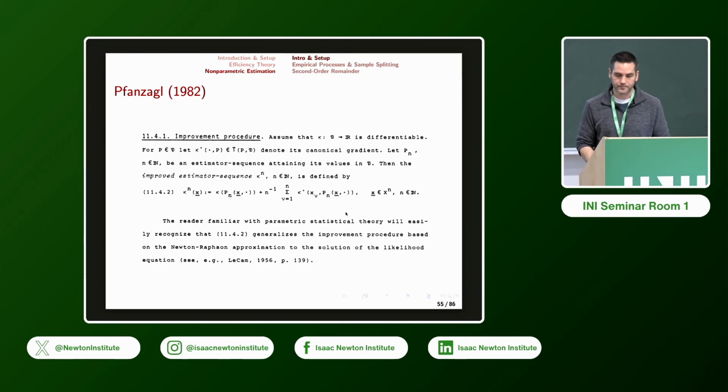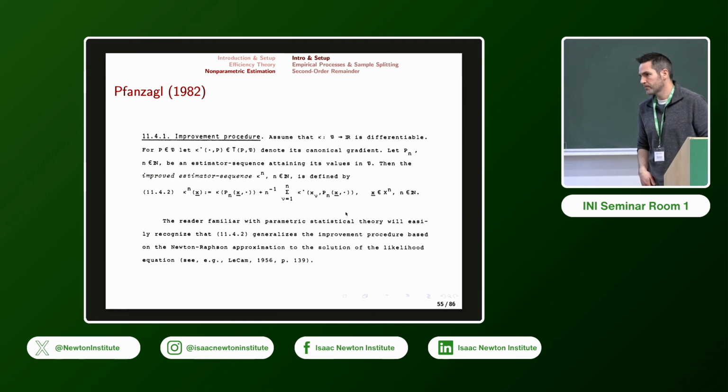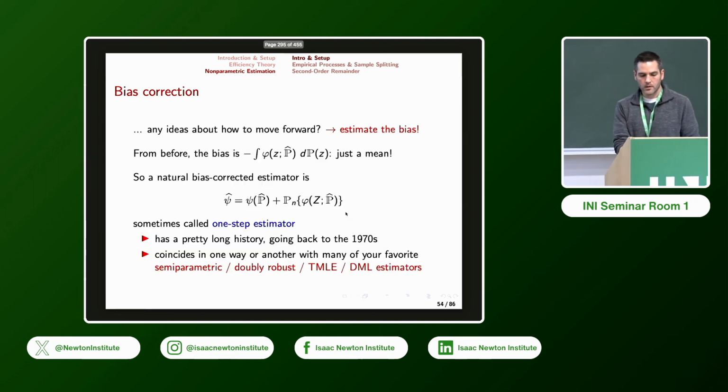Yeah? My understanding is a little bit more complicated than that in terms of not just smoothness on the functional, you also need regularity in the probability distributions, like QMD.